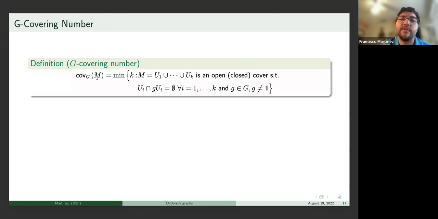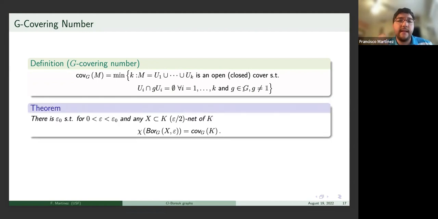The G covering number of M, if M is a G space, is the minimum K so that we can cover M in K open or closed sets, such that U_i intersect gU_i is empty for each i and for each g. Of course, this covering number and the chromatic number of the G-Borsuk graphs are actually the same thing.